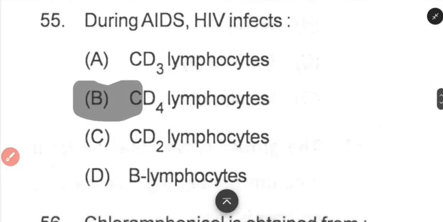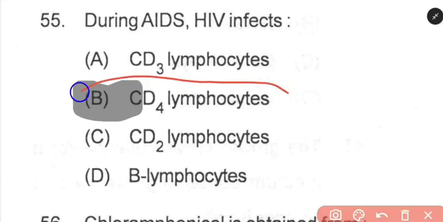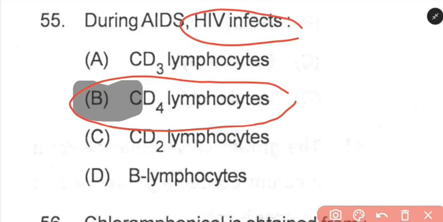Okay. Then 55. During AIDS, acquired immunodeficiency syndrome, HIV infects which lymphocytes? CD4 lymphocytes. During AIDS, the human immunodeficiency virus infects the CD4 lymphocytes, which are responsible for the immune system of our body.